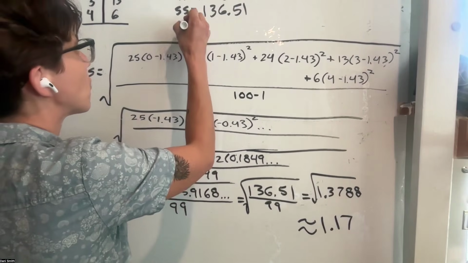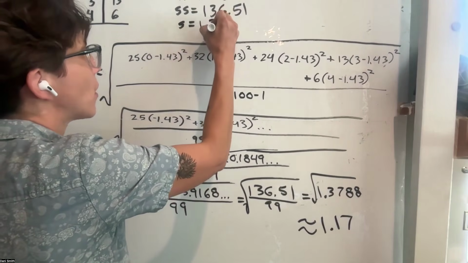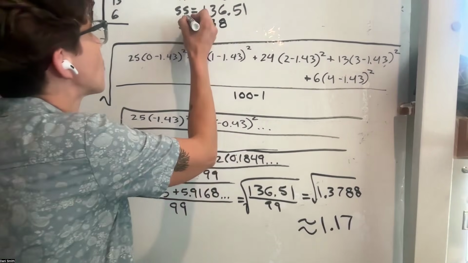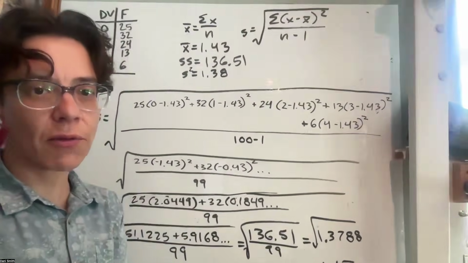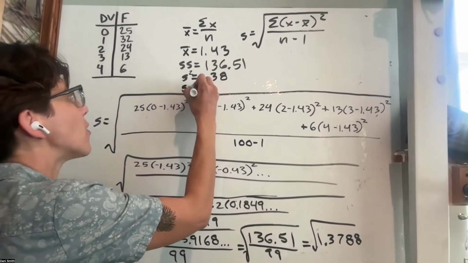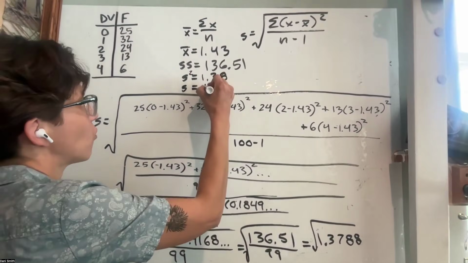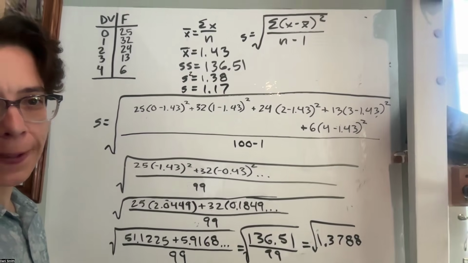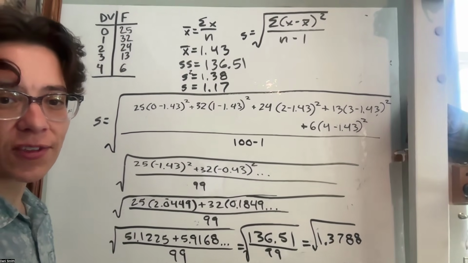So our variance was 1.38, and when I'm reporting it, I can round it to 2 decimals, even if I keep all those decimals for taking the square root. My standard deviation is 1.17. Okay, so that is that one.